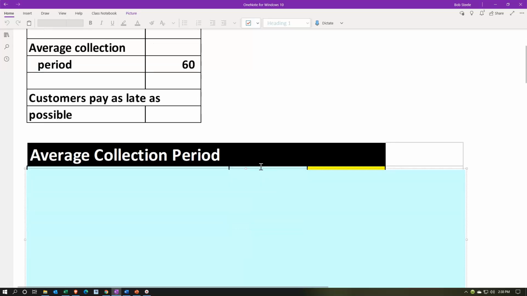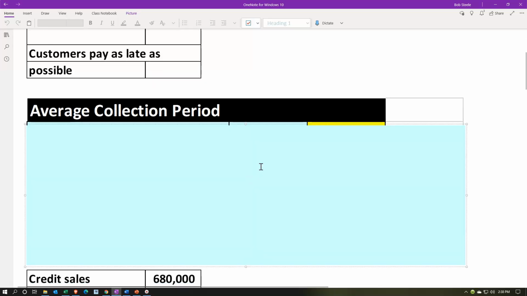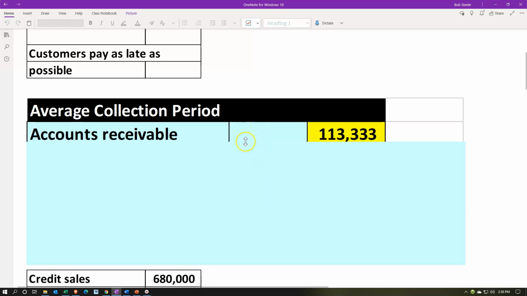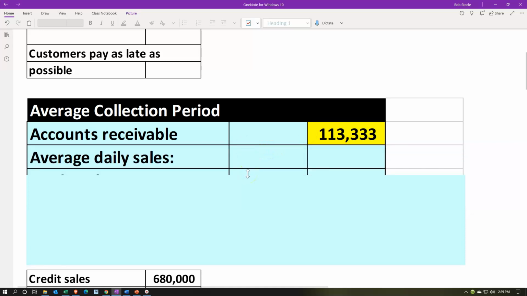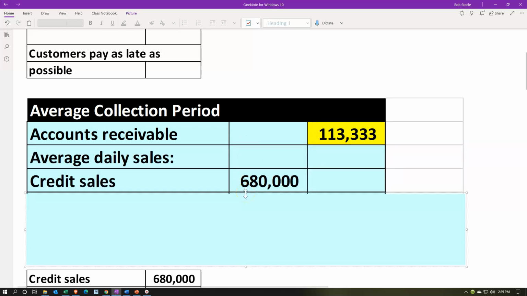So let's do that. We're going to say, okay, the average collection period is typically calculated as accounts receivable divided by average daily sales. So the accounts receivable then is the unknown. That's why it's yellow, even though there's a number there. So that would be our unknown. Average daily credit sales would then have a sub-calculation. That would be the credit sales of $680,000.